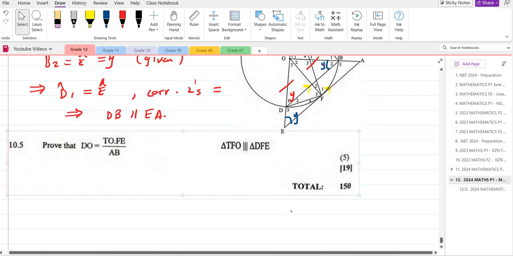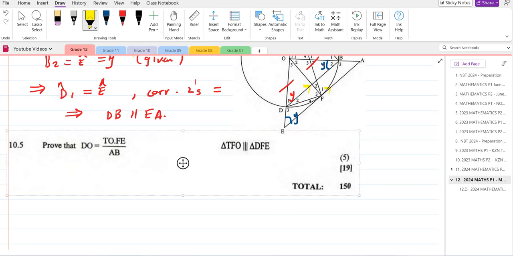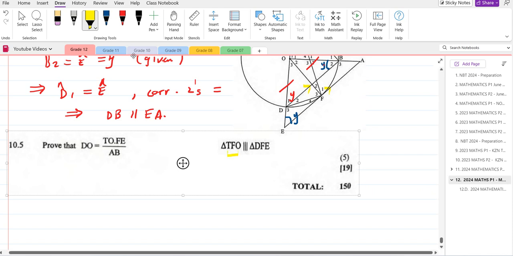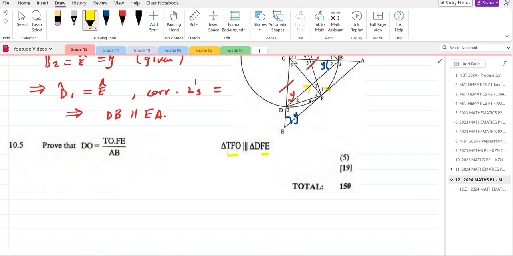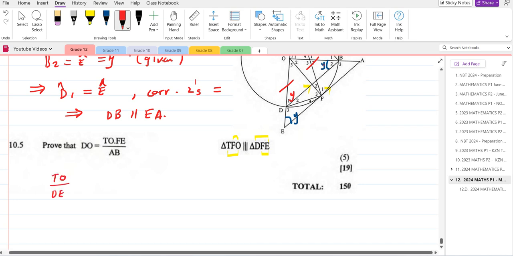We need TO times FE. So there we got the order, right? So we can say TO over DE equals FO over FE.